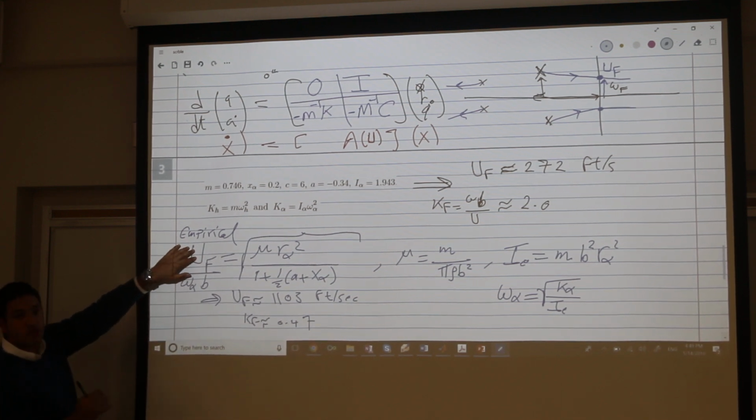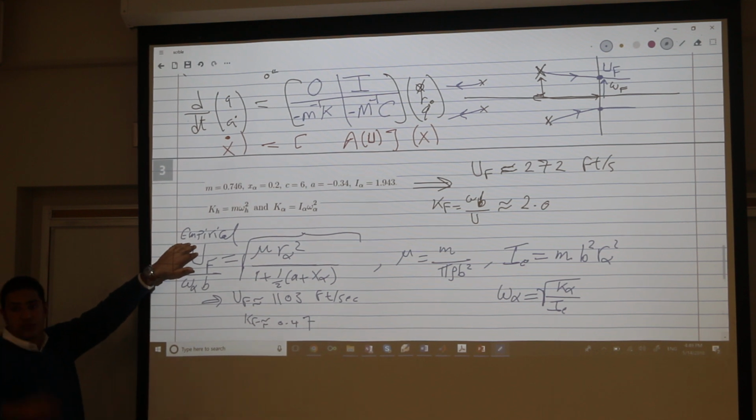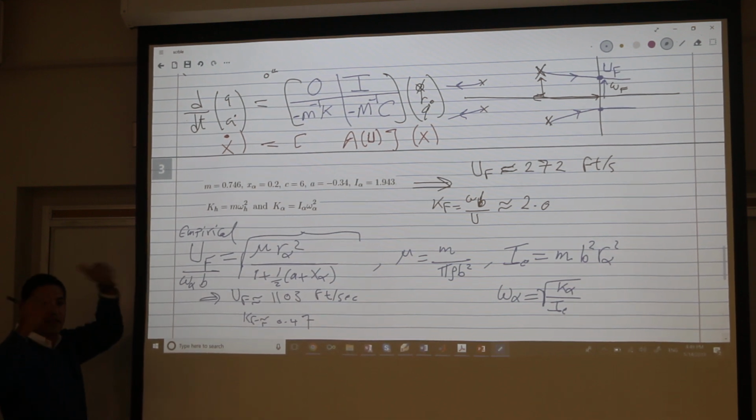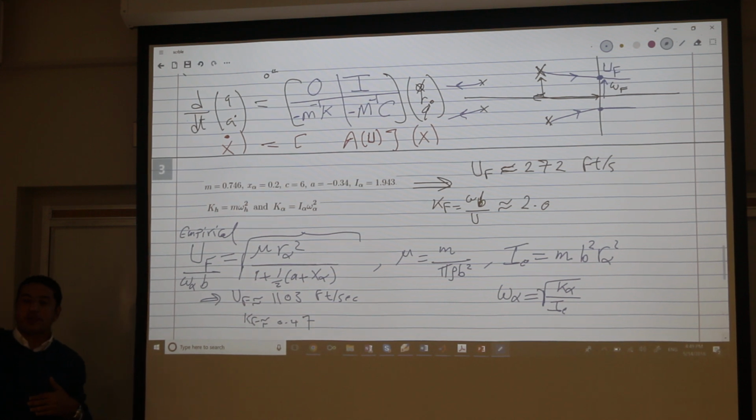Okay, so do you want U flutter to be larger or smaller for an airplane? Larger. Just think about it for a second. Larger, right? You want the flutter to occur at a very large speed that you will not reach in flight, outside of your flight envelope, actually.